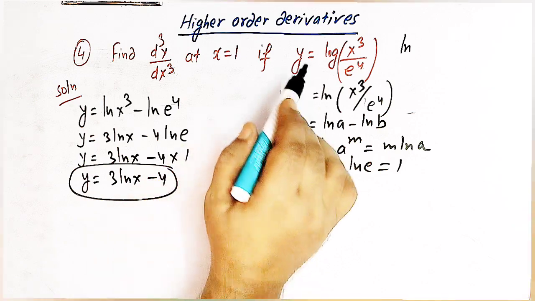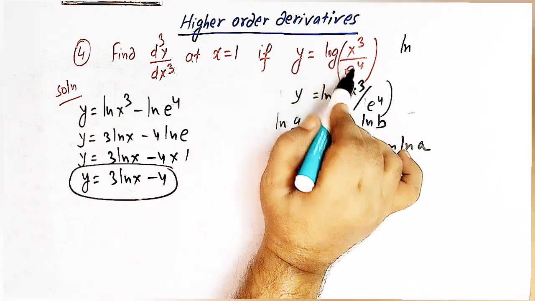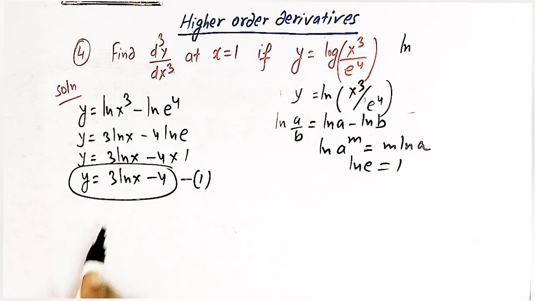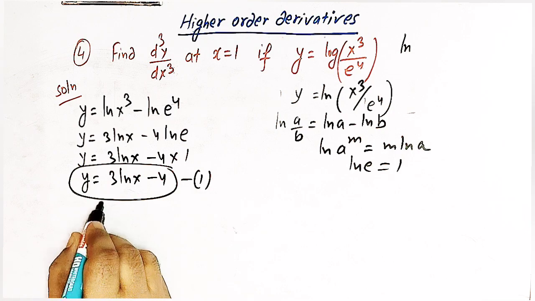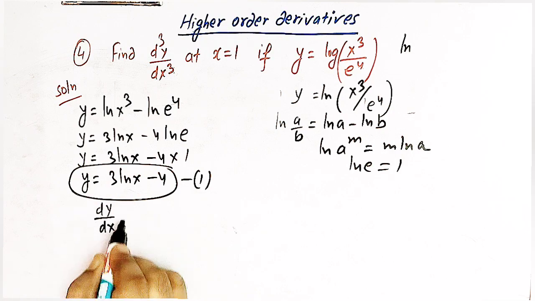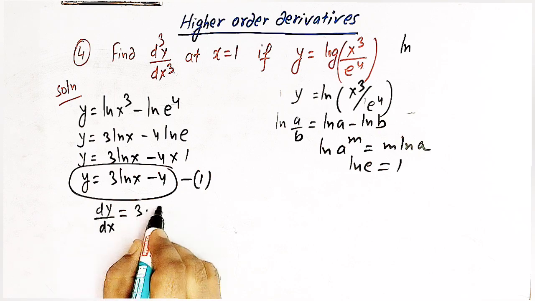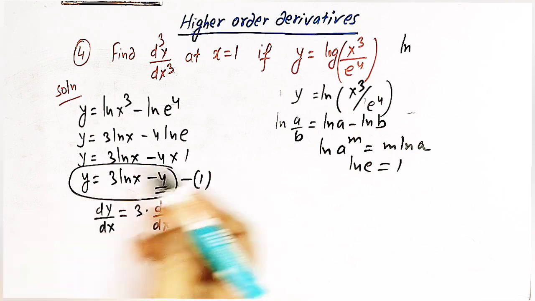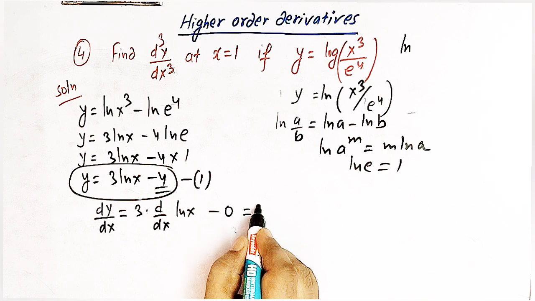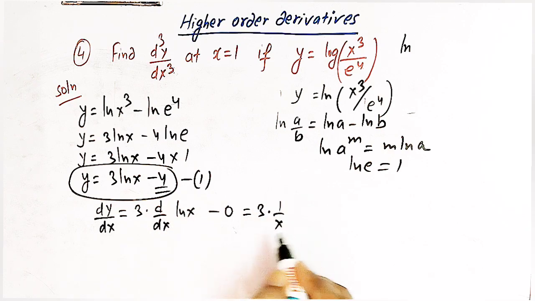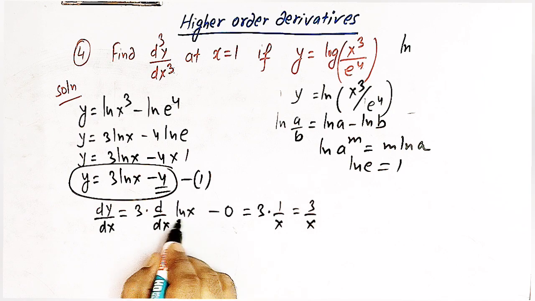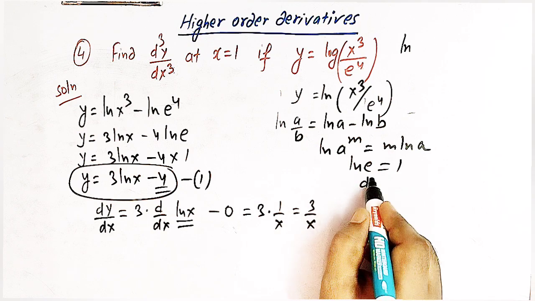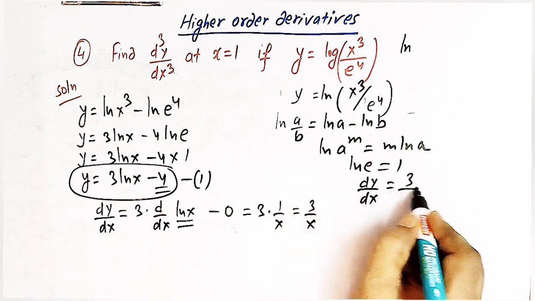So the given relation y is equal to log of x cube over e raised to 4 can also be written in this form. Now differentiating both sides with respect to x, we have dy over dx is equal to 3 times the derivative of log x, and the derivative of 4 being a constant is 0. So we have 3 times 1 over x, that is 3 over x. The derivative of log x with respect to x is 1 over x. So the first derivative is equal to 3 over x.